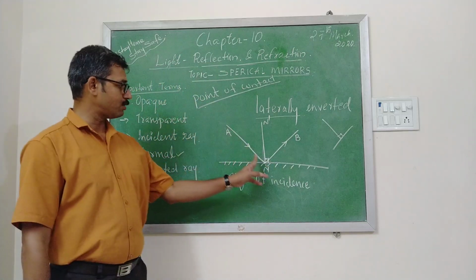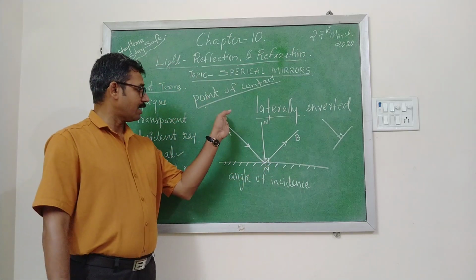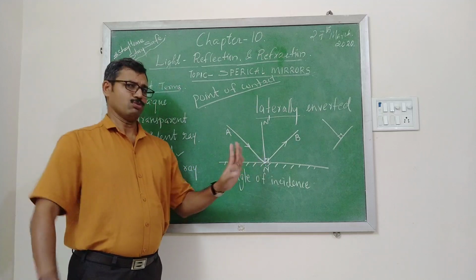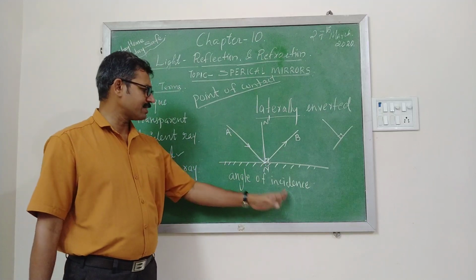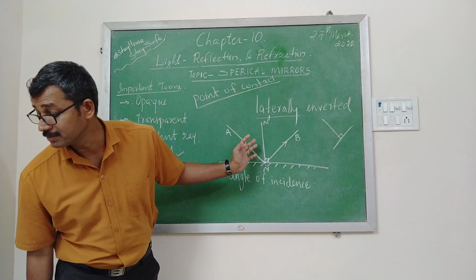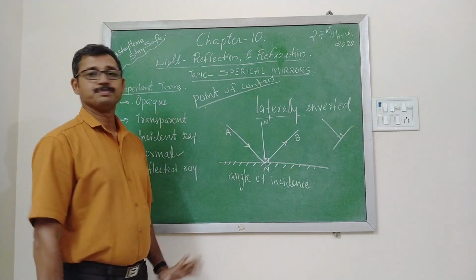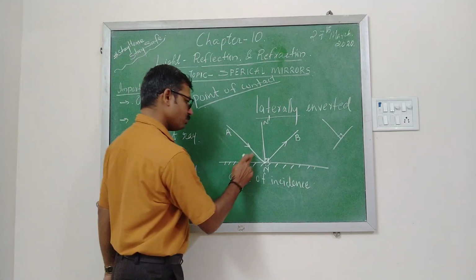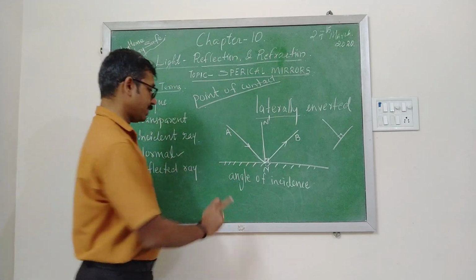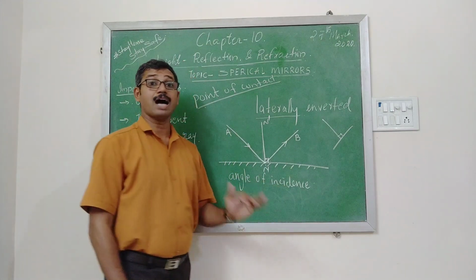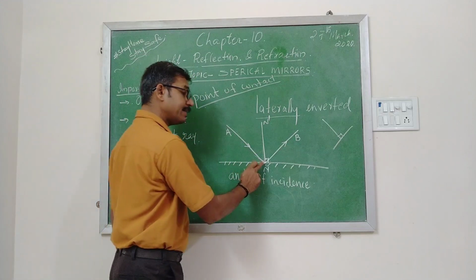The angle of the incident ray is this. One thing is sure, that the angle of incidence may come on this side only. But you must understand the definition: the angle of incidence is the angle between the incident ray and the normal.